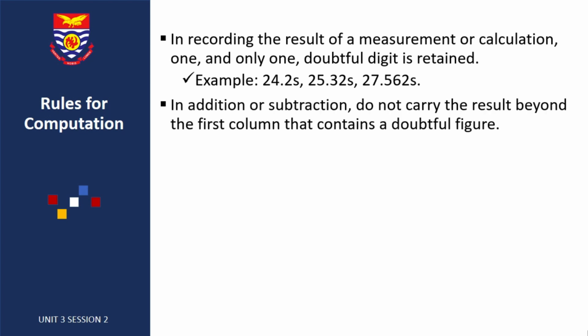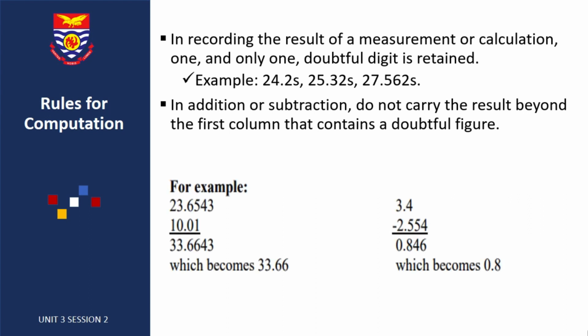And rule 2: in addition or subtraction, do not carry the result beyond the first column that contains a doubtful figure. We have two numbers, like in this example, which have different doubtful digits. The first column over here contains 4, and the second one contains 2. And so in our addition, we must end on the column that contains the first doubtful digit.